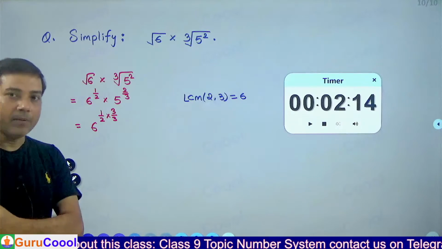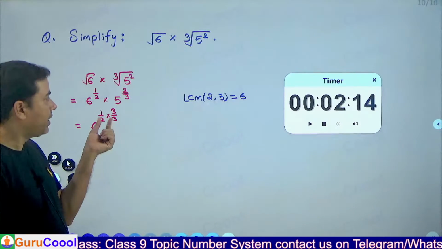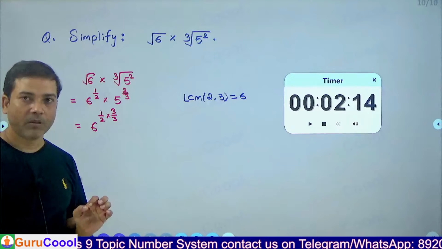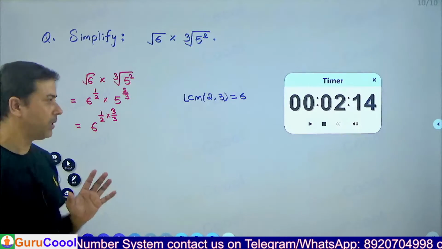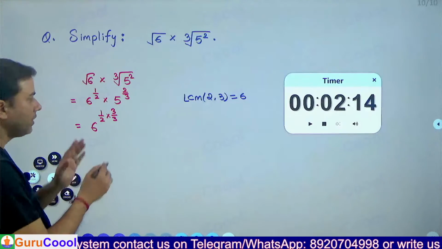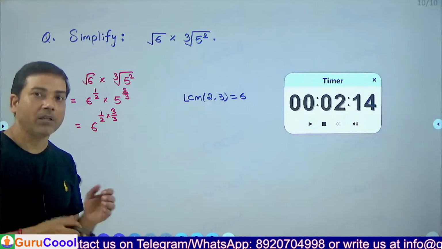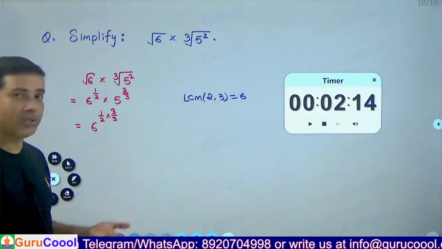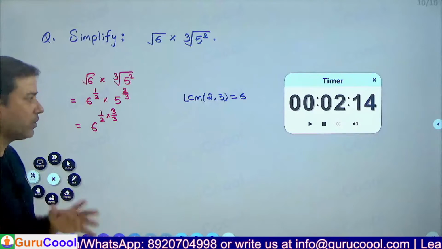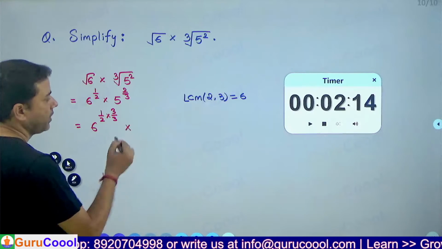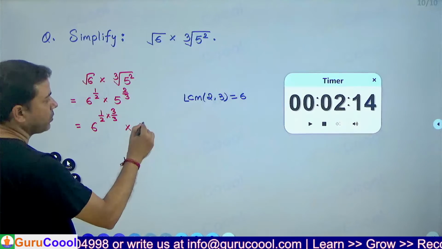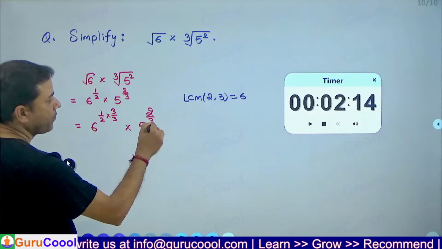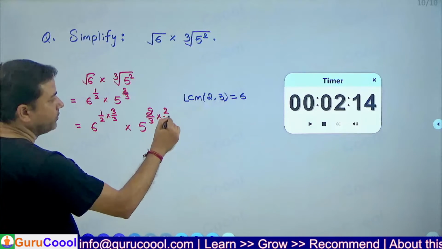We are not adding them presently. We are making their denominators the same using the equivalent fraction method. So I am asking, do you think there is any problem in the validity? If you have that question, you can tell me. In the second one, 5 raised to the power 2 by 3, I'll multiply with 2 by 2.